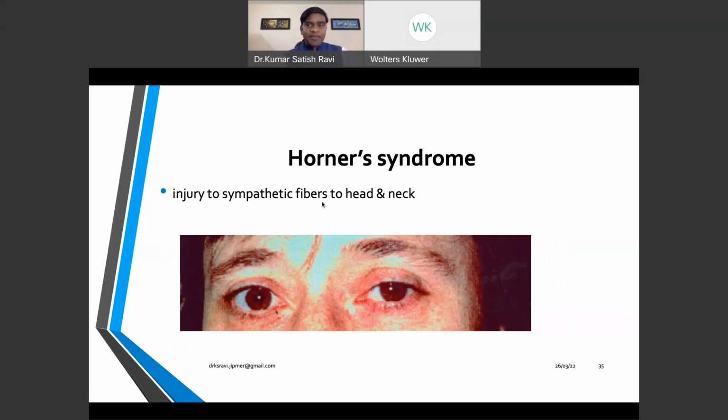The condition we say is ptosis, along with a constricted pupil, miosis, and anhidrosis. These will be the presentations in case of the Horner syndrome. It is caused due to the damage of the cervical sympathetic chain, because these fibers leave the spinal cord via T1. So this is all about the Horner syndrome.